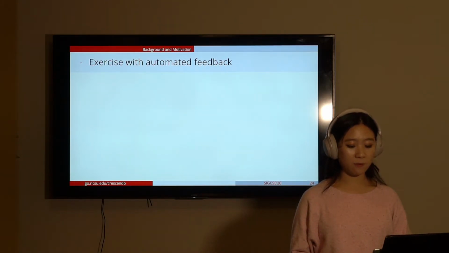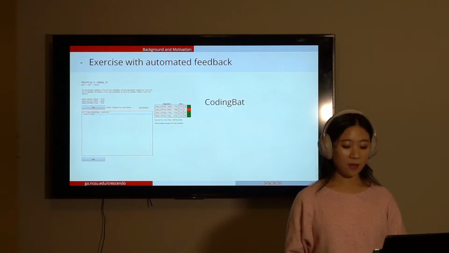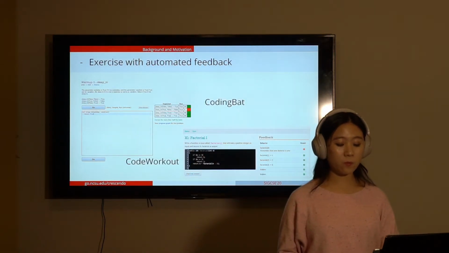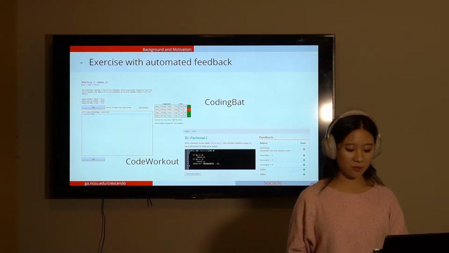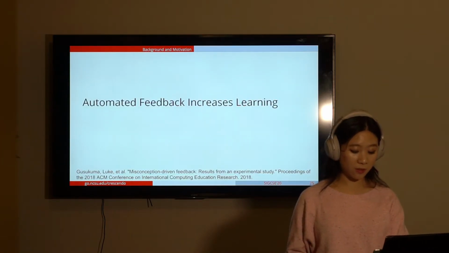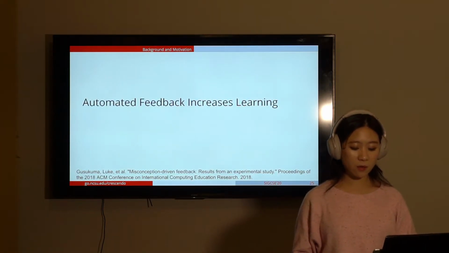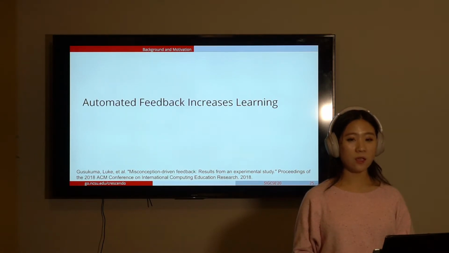Systems that offer such immediate feedback, such as CodingBat and CodeWorkout, have been well received among programming students. Kazemitabar and colleagues evaluated students' experience using misconception-driven feedback over 3 semesters. They found that compared to those students who did not use the feedback, students using automatic feedback performed significantly better in the post-test after only 2 classes of instruction.